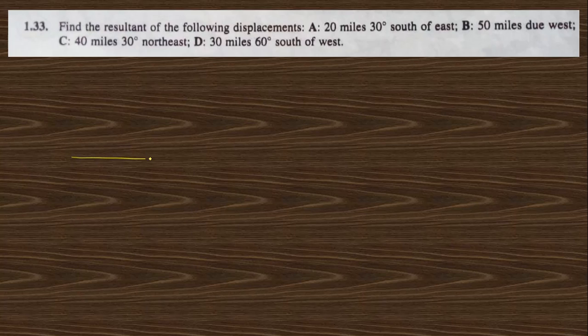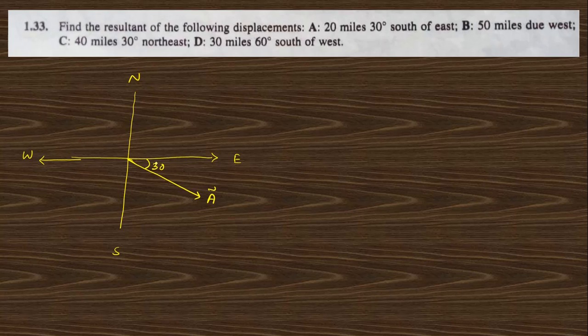If we take north, south, east, west, so from east it is towards the south. This angle is 30 degrees. This is a vector of 20.